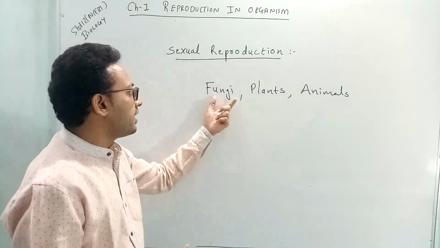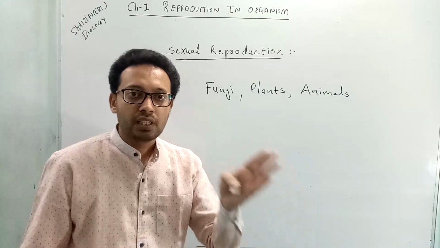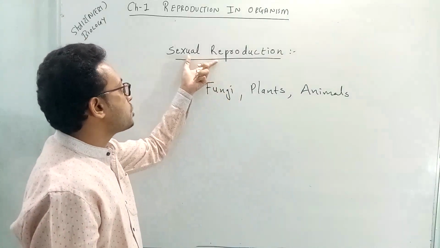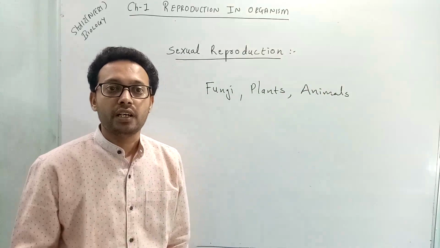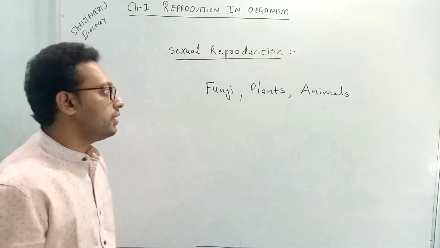But when we talk about sexual reproduction in fungi, plants and animals, they share a common characteristic. What is that common characteristic?